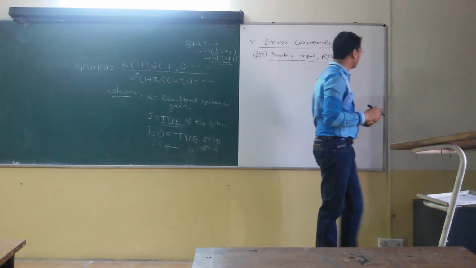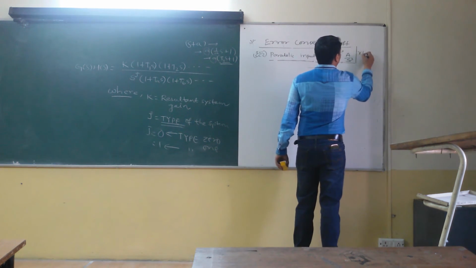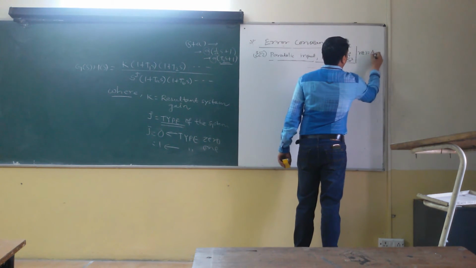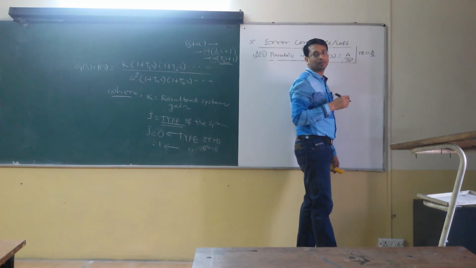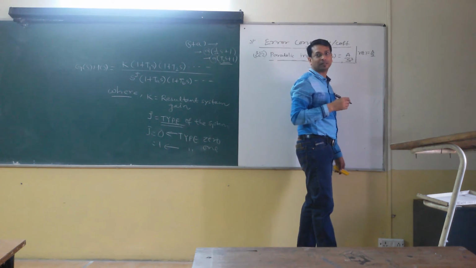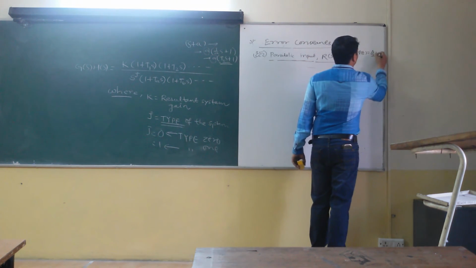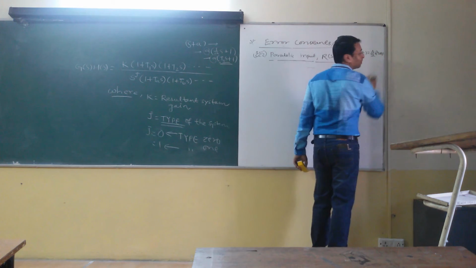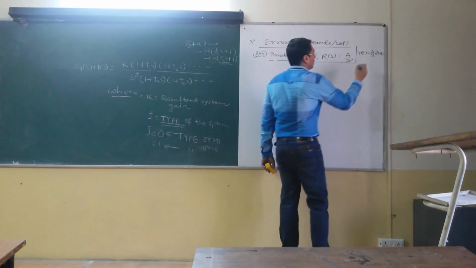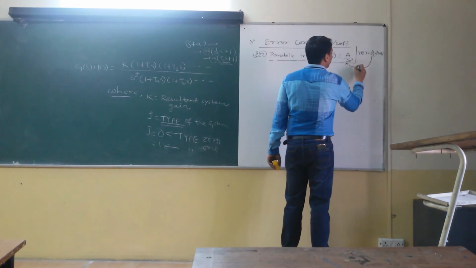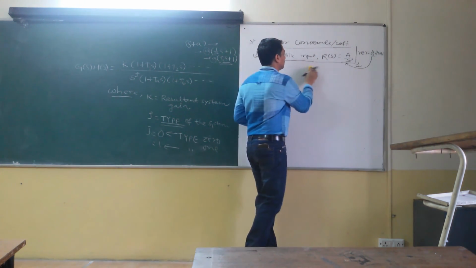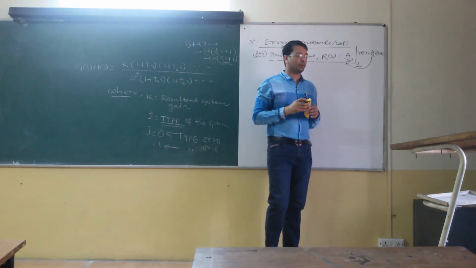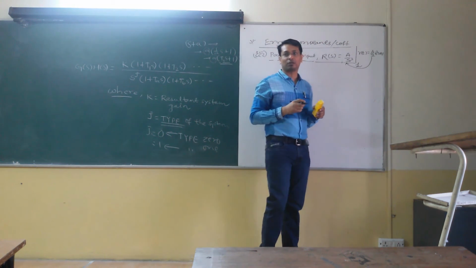We are going to take input as r(t) is equal to A by 2 t square u(t). If you get the Laplace transform of this input, you will get this R(s).